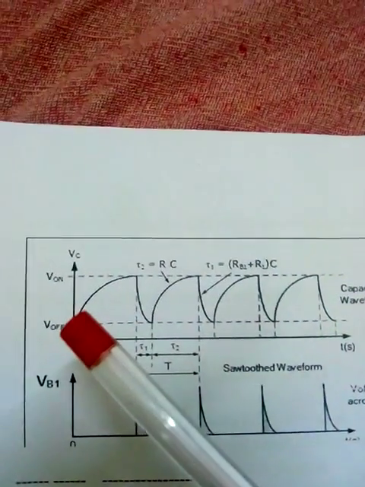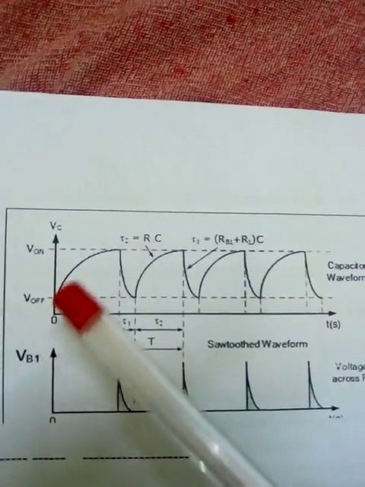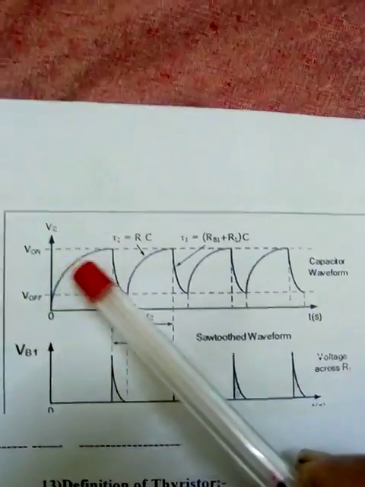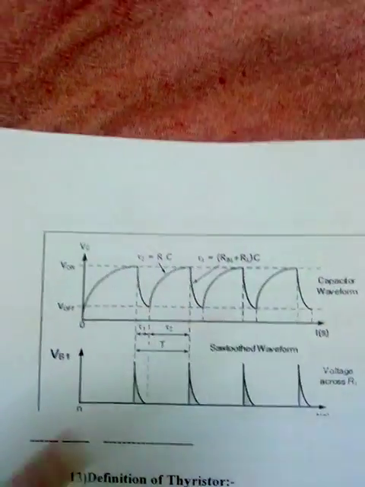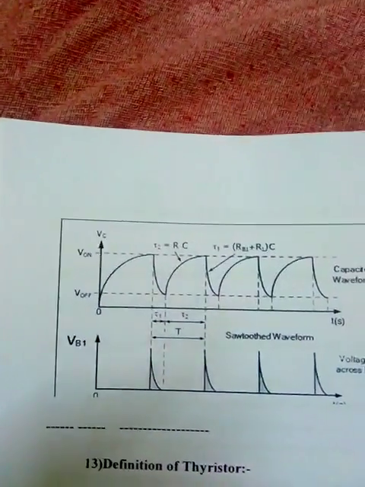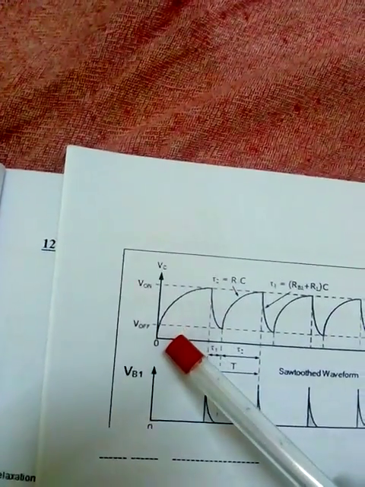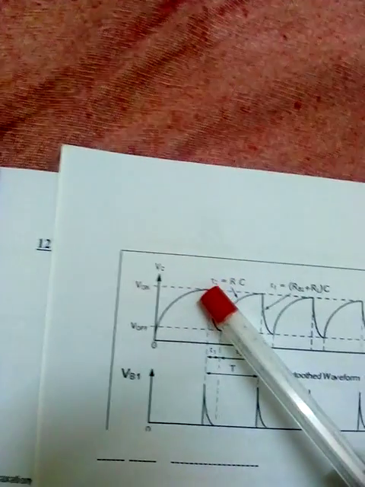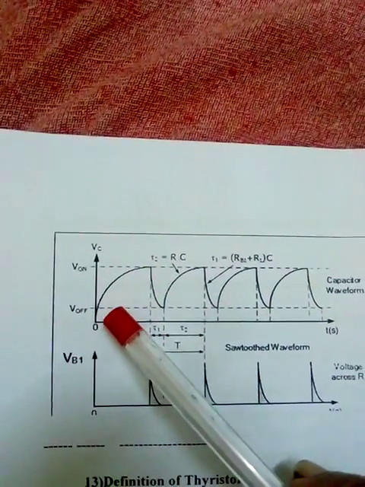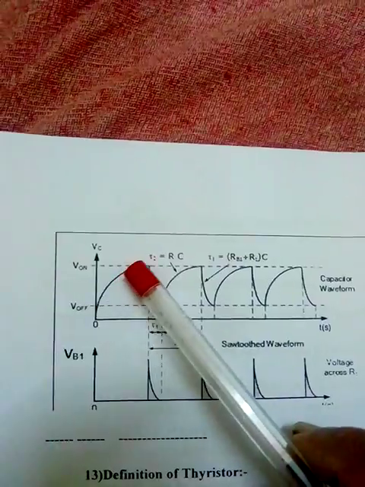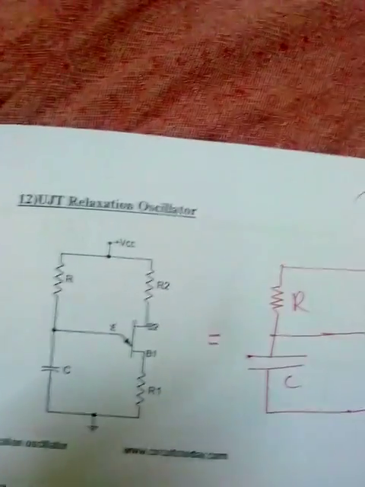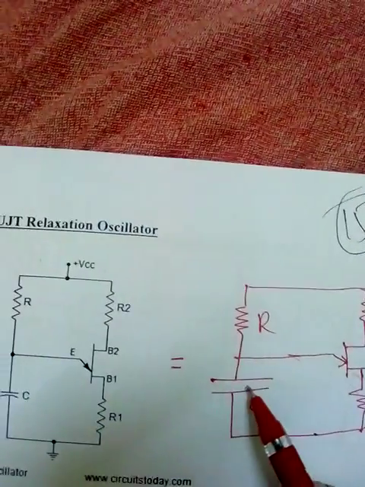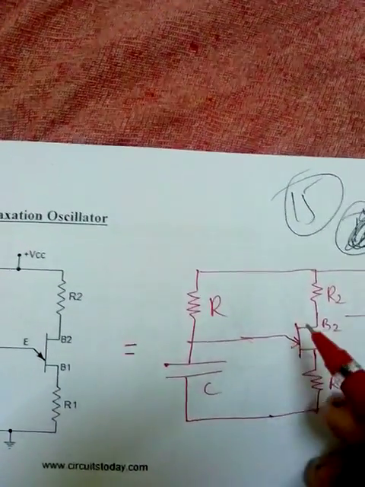This is the capacitor voltage. So this is the peak point of the UJT as we have seen in its characteristics. When the capacitor voltage reaches the peak point, capacitor voltage is nothing but emitter voltage because it is connected to the emitter.